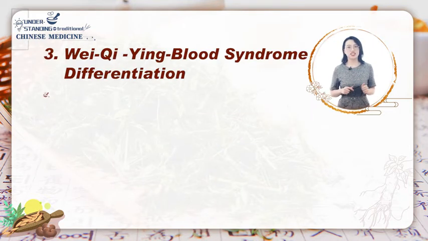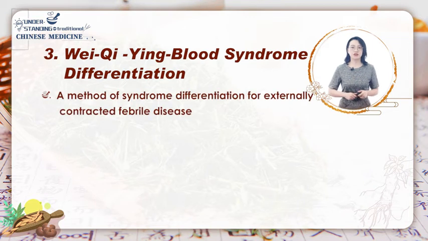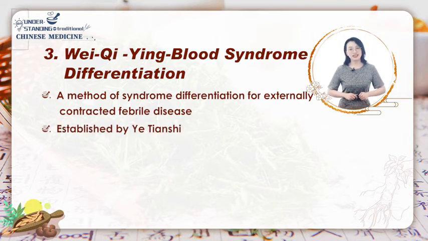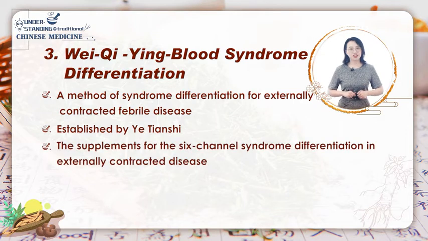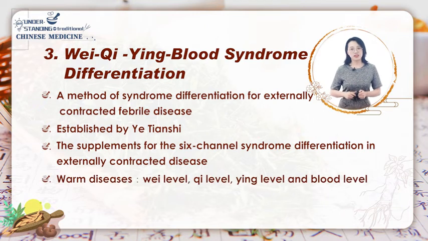The third is Wei Qi Ying Blood syndrome differentiation. It is a method of syndrome differentiation for externally contracted febrile diseases, established by Ye Tianshi, a practitioner specializing in warm disease of the Qing dynasty. It supplements the six-channel syndrome differentiation in externally contracted diseases. According to it, warm diseases can be divided into four levels.